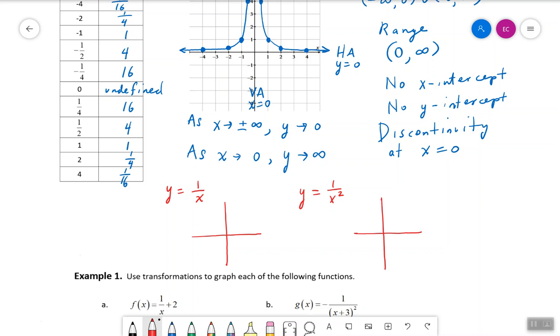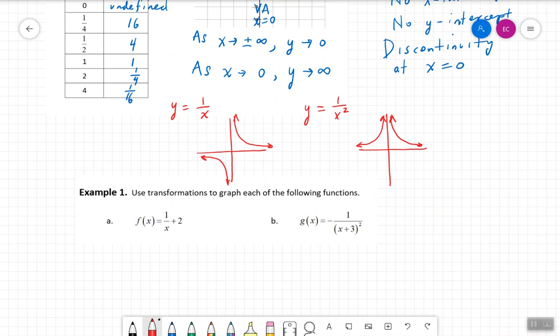Just a rough sketch of the graph is all we need. The basic shape of the graph is all we need. And so there's 1 over x, and 1 over x squared is almost identical except now the graph is above the x-axis on both sides. Okay, so know these basic graphs.